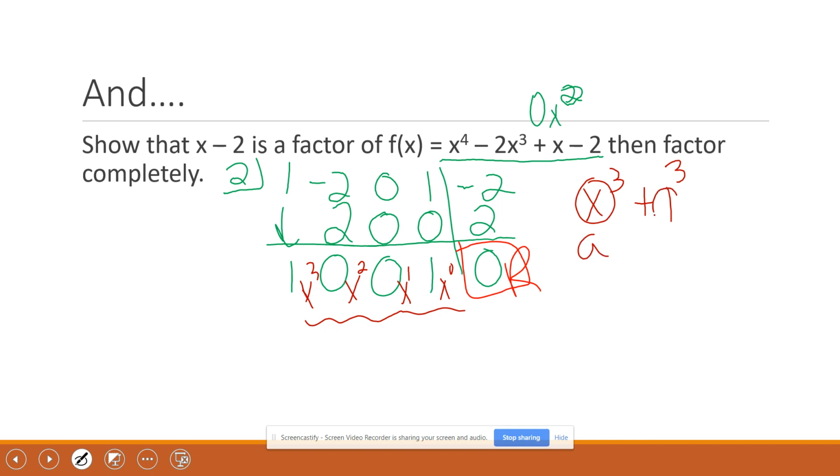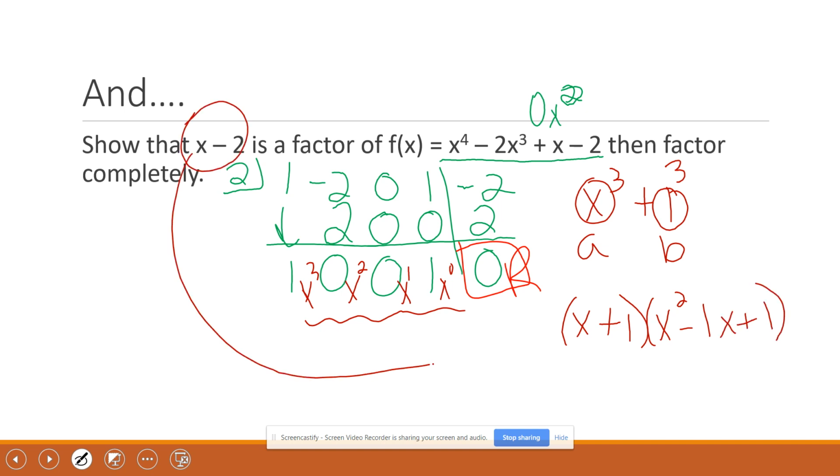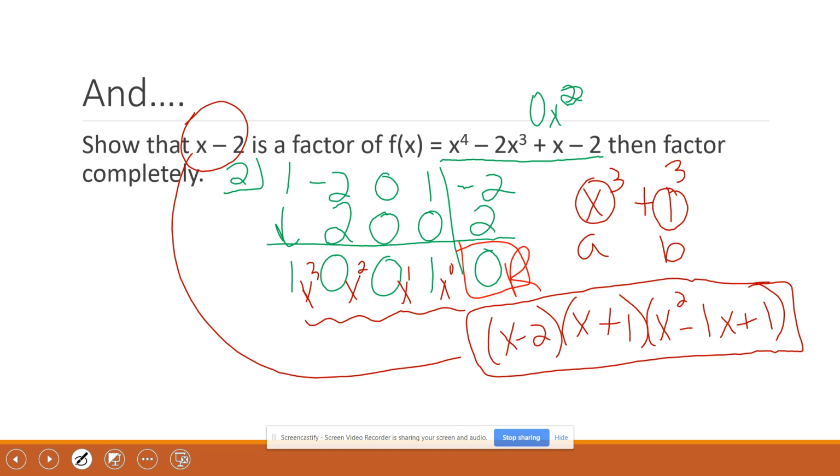So our a is x and our b is 1. Using our formula, a plus b, a squared minus a, oops, I'm writing a instead of x, plus b squared. And then bring down that original x minus 2, and this is the factored form of this polynomial. Those are all the values that multiply together to that polynomial.